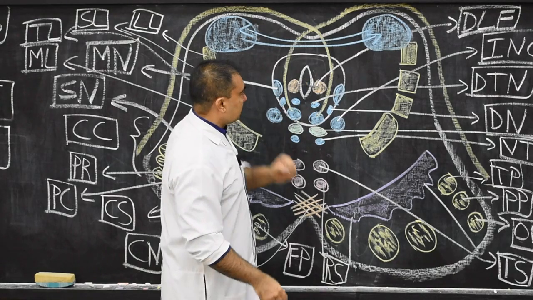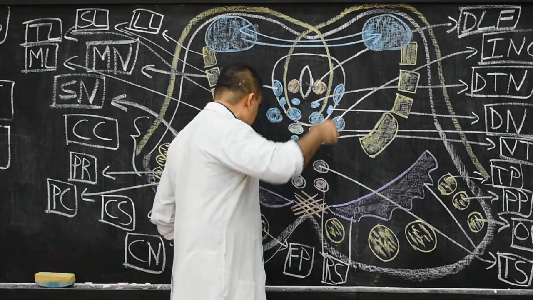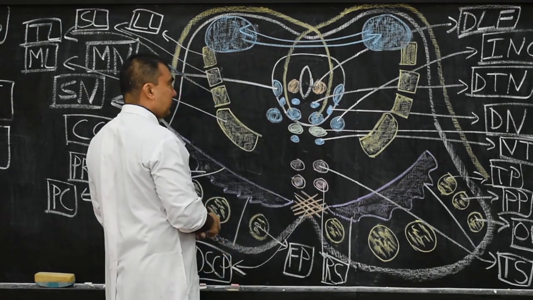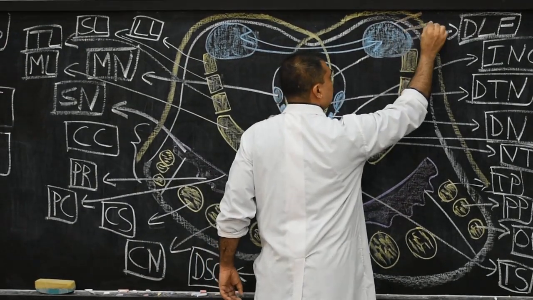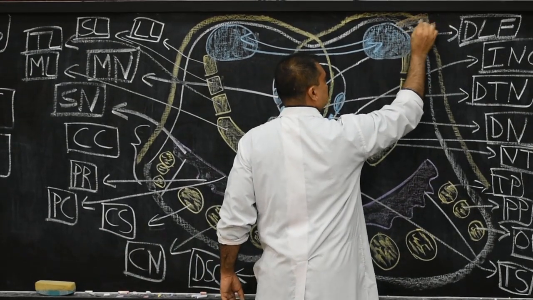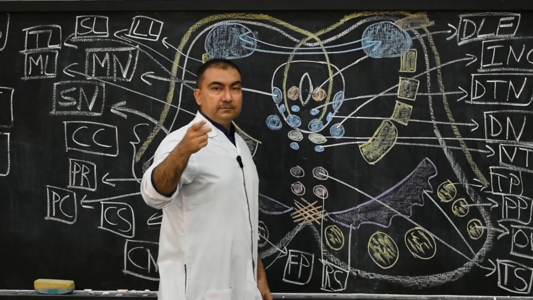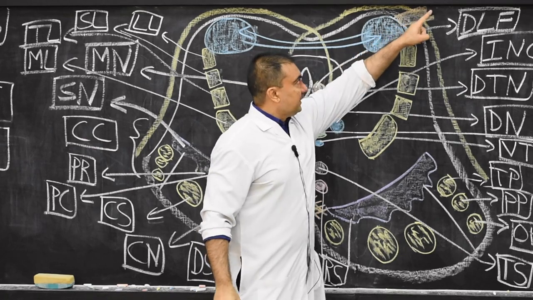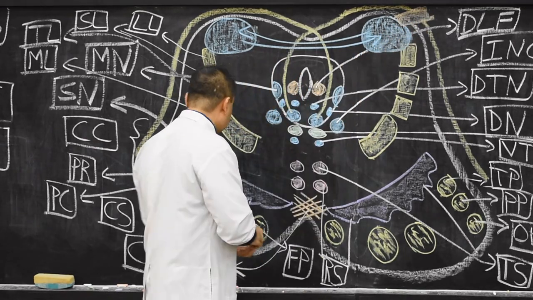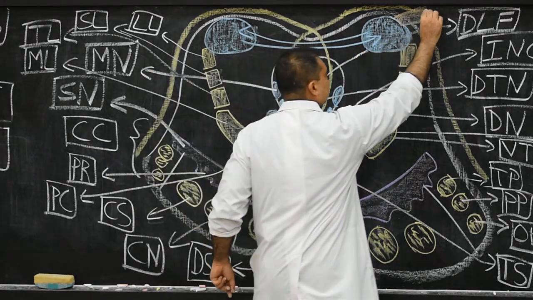Then third, this is also very important, superiorly the inferior colliculi is connected via inferior brachium to the medial geniculate body. So this is the inferior brachium, and then there will be medial geniculate body, which I can show here with this color.